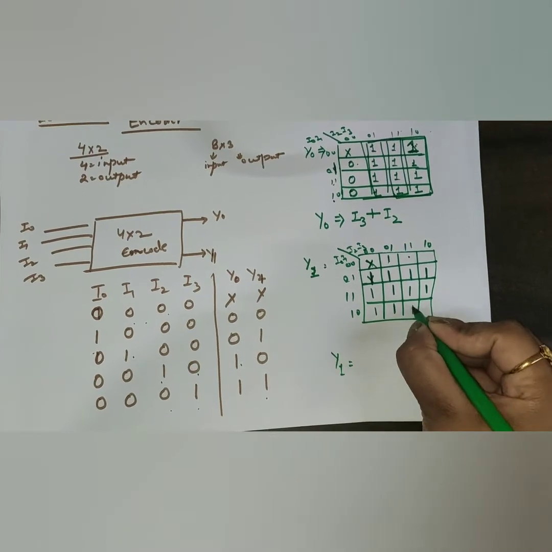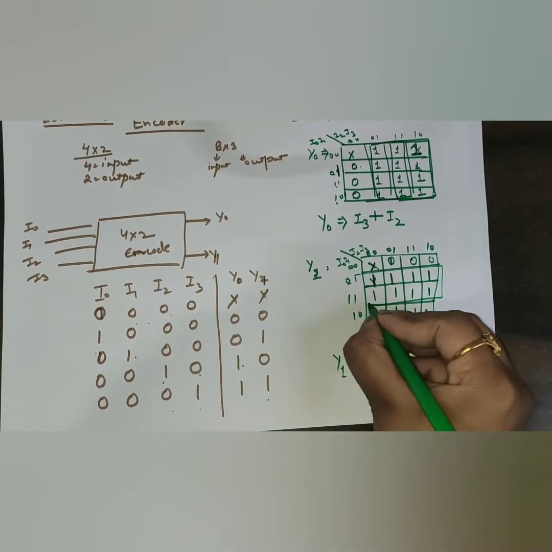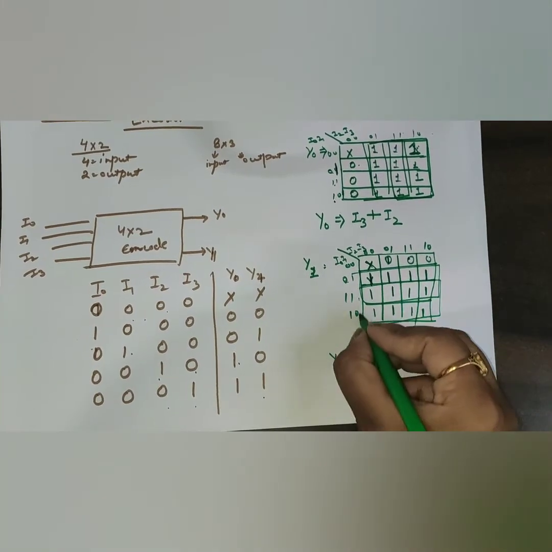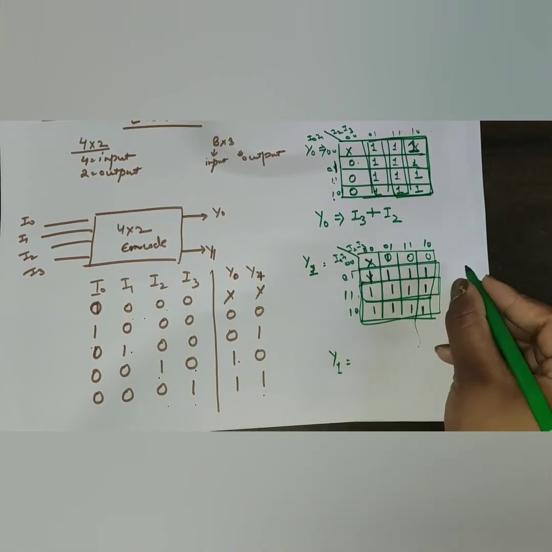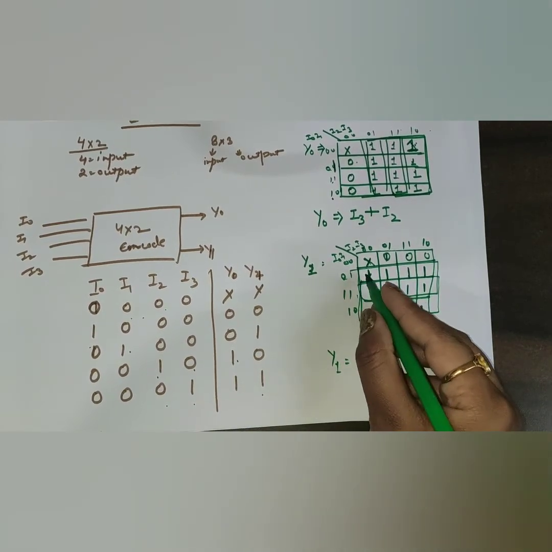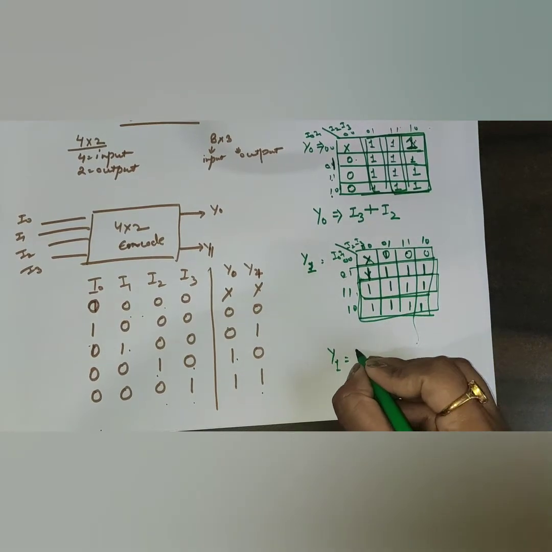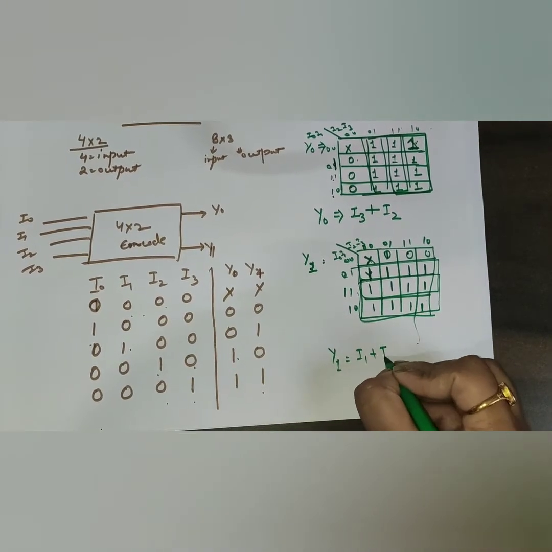So it will be 1. At this condition it will be 0. So it will make a pair like this. So at this condition you can check only I2 I3 is eliminated, only the I1 plus I0.